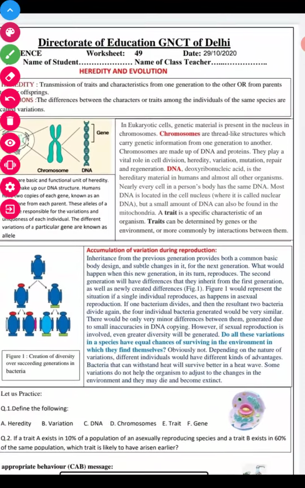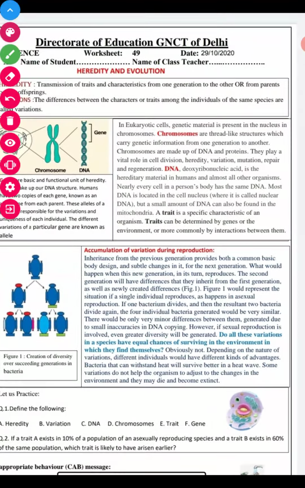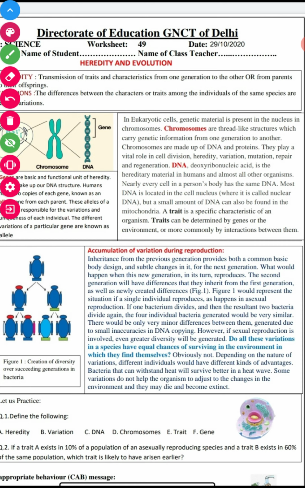Let's see. We have inheritance, as I told you, the transmission of characters from one generation to another generation. So inheritance from the previous generation provides both a common basic body design and subtle changes in it.